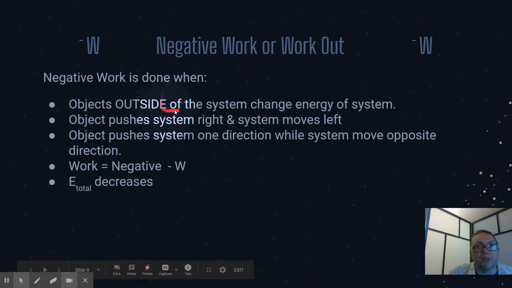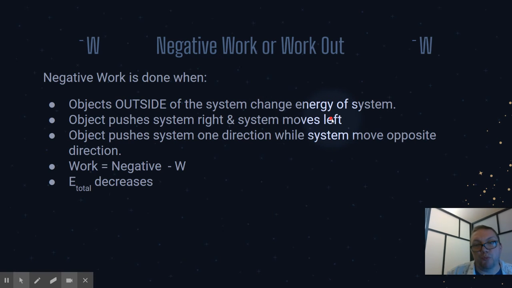So negative work is done when objects outside the system change the energy of the system. It's negative work if the distance it moves and the direction of the force are in opposite directions. That means then that the total energy is decreasing. Work is negative if the total energy decreases, or if the object pushes one direction while the system moves the other direction.